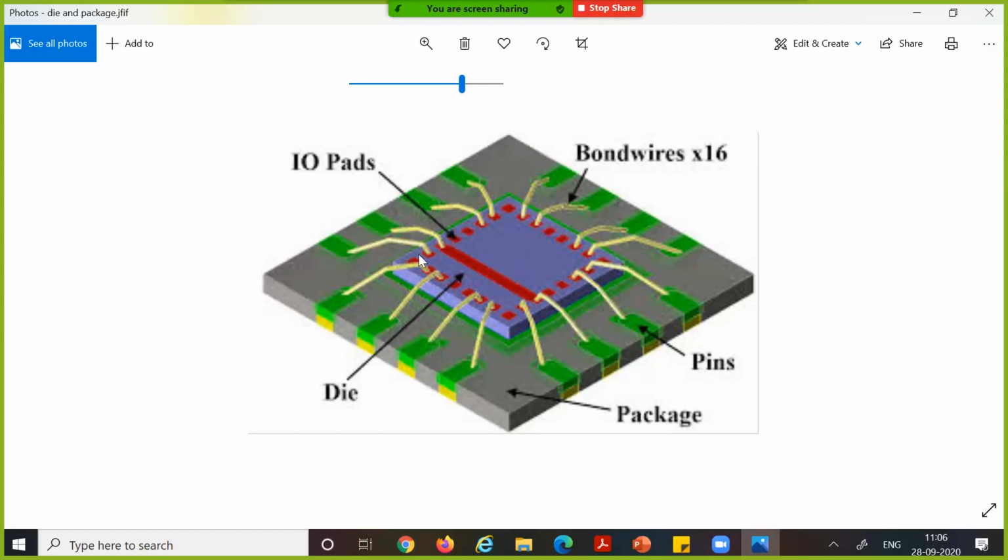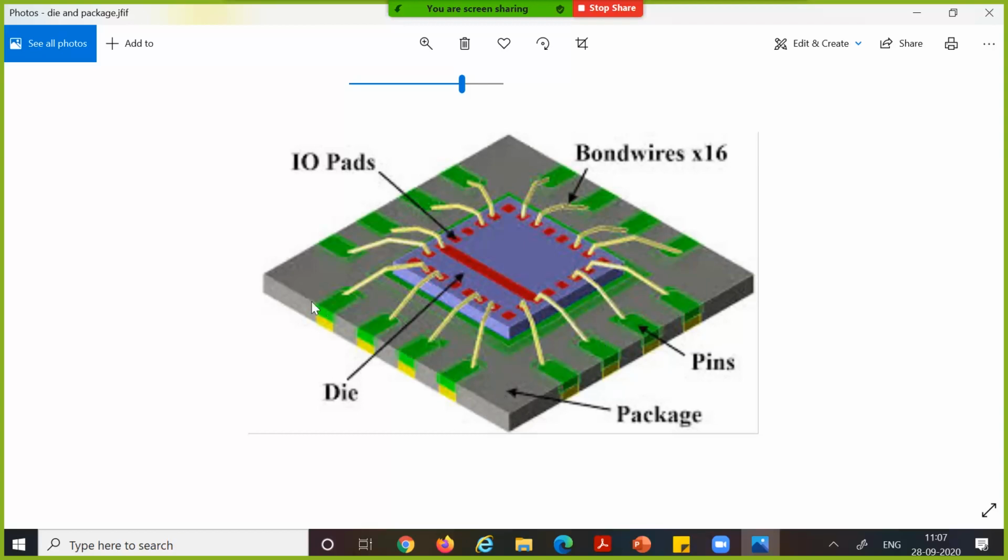Now this is the actual CMOS die. From this to the connections or to the ports, you have what are called bond wires. These bond wires are typically made out of gold because of their lower resistance, and also for their mechanical properties. So this is the package. These are the pins of the package.